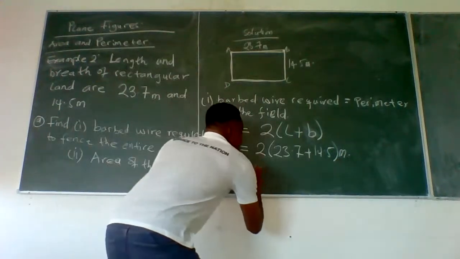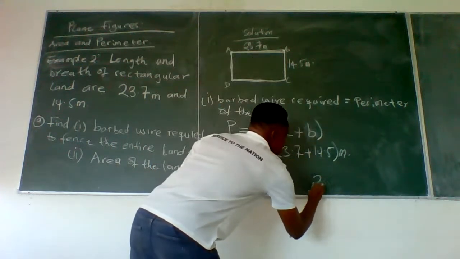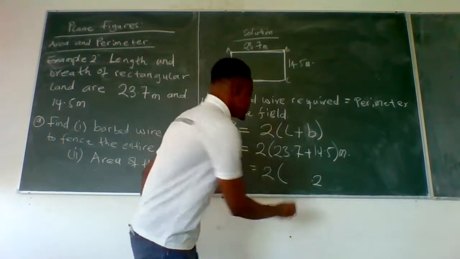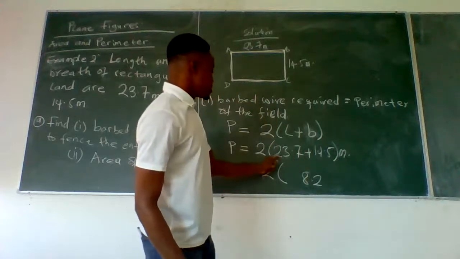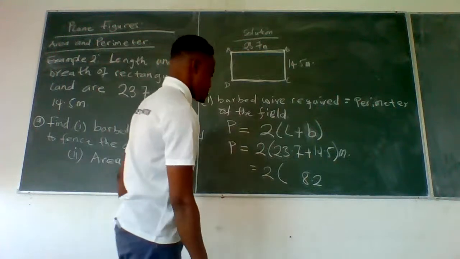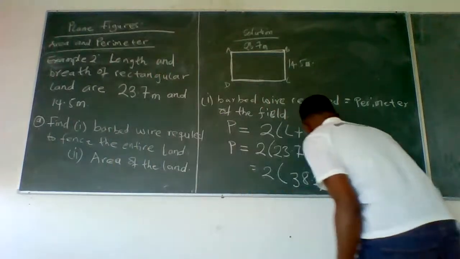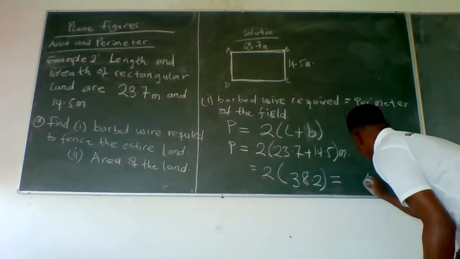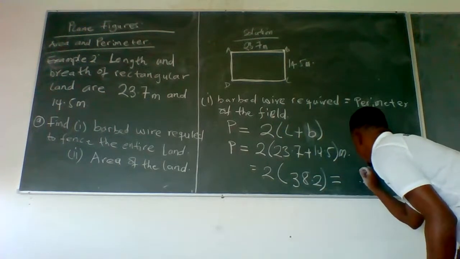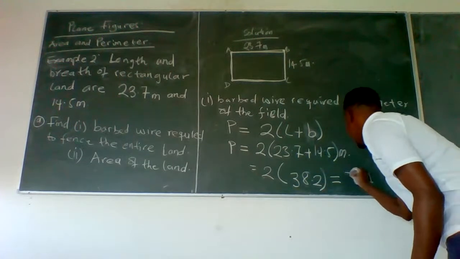First of all, you deal with the bracket first. 23.7 plus 14.5 gives 38.2. Then 38.2 times 2 gives 76.4.